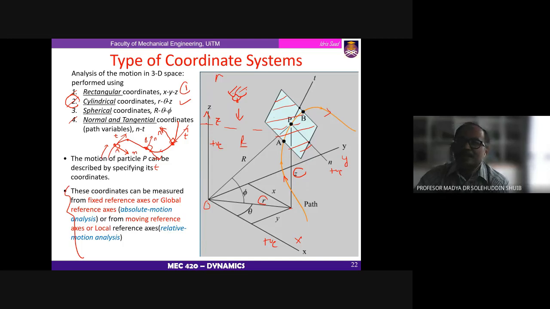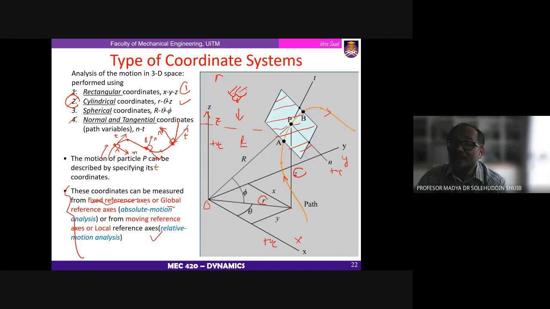Coordinates can be measured from a fixed reference axis. Okay, this is the terminology: fixed reference axis or global reference axis. This is absolute. And from a moving reference axis or local reference axis, this is what we call relative motion analysis.